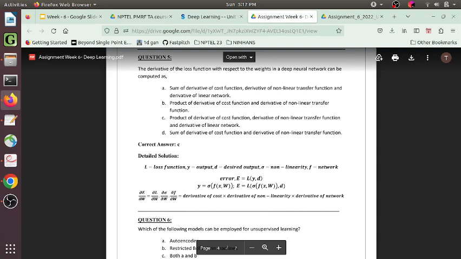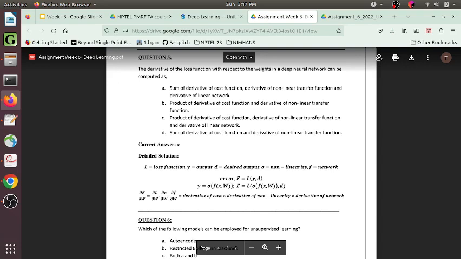Let's say I denote this as L, you have to take the derivative of L with respect to W, right? So this is not directly related. W is related to y, y is related to this function f, which is the loss.